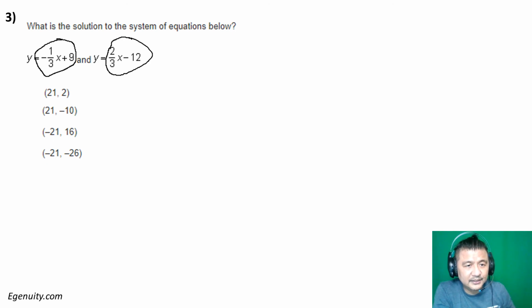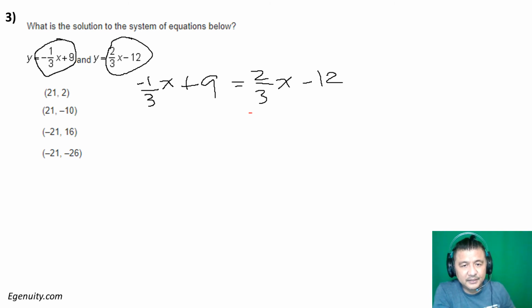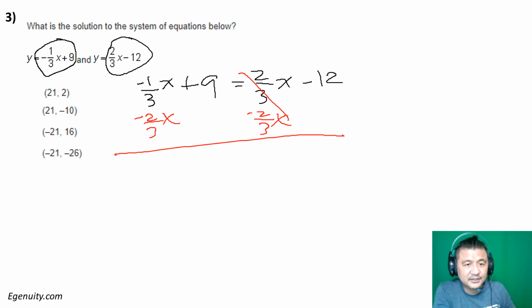So let's write it down. -1/3 x plus 9 is equal to 2/3 x minus 12. Okay, put them together. Add 1/3 x to both sides, minus 2/3 x for you, minus 2/3 x for you. That cancels out. That becomes negative 3/3 x plus 9 equals negative 12.